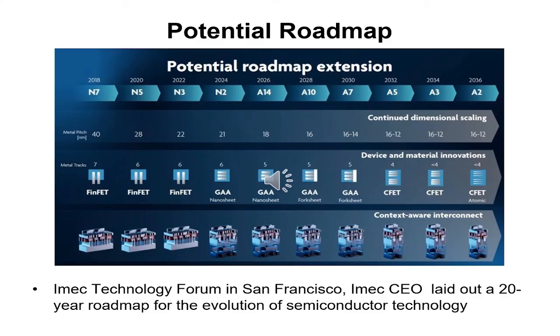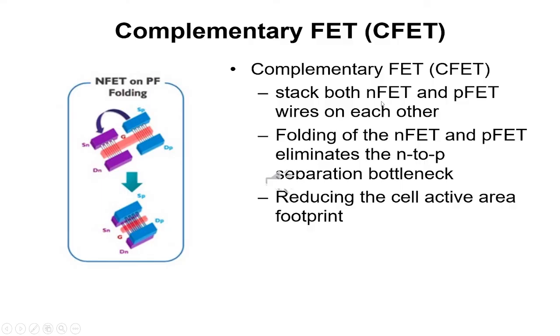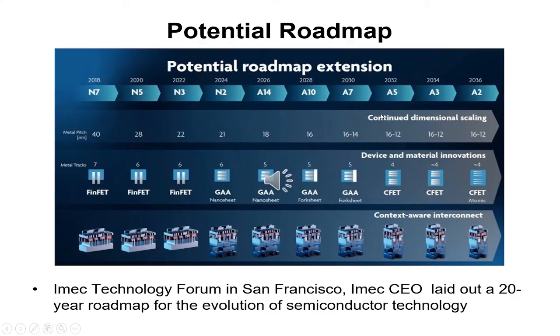We need to go for other technologies, or it will become constant, or it will satisfy Moore's law, we don't know. But the future is complementary FET, so in 2032 we use the CFET.